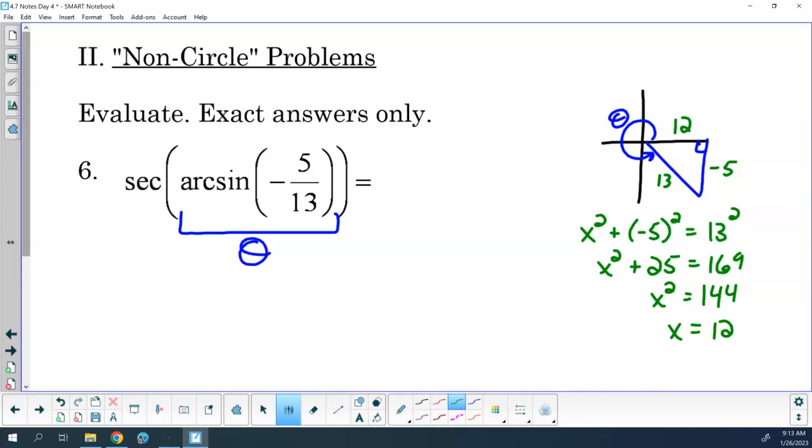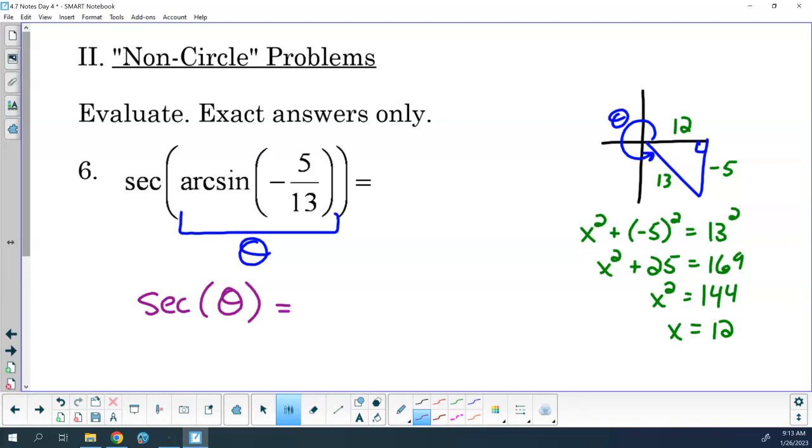So now we need the secant of our theta. Well, the secant of our theta is going to be secant paired up with cosine. Cosine is adjacent over hypotenuse, so secant would be hypotenuse over adjacent.